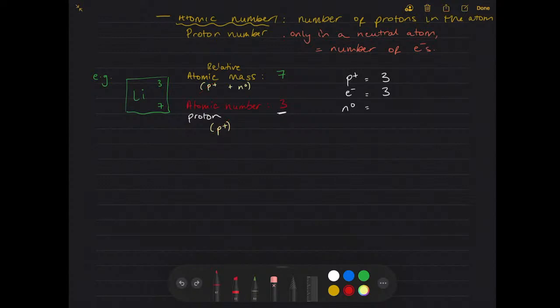A formula for this would be relative atomic mass take away proton number, or atomic number. In this situation, 7 take away 3 leaves us with a 4. So the number of neutrons in the lithium atom is 4.